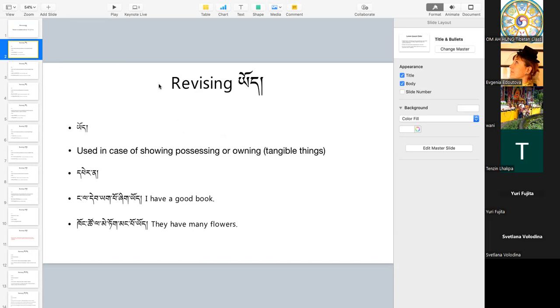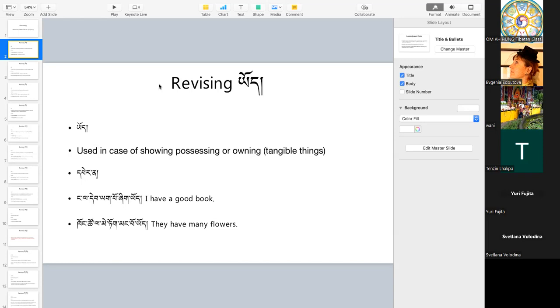So the first usage is the use of yö in case of showing possession or ownership. So showing that you possess something or that you own something. And those things are not intangible, but in this case, tangible things that you own. When we say tangible, we mean things that we can touch, those solid things like the table.